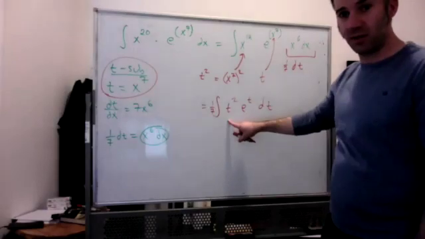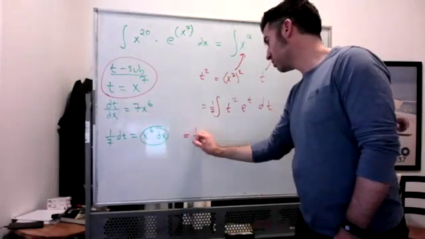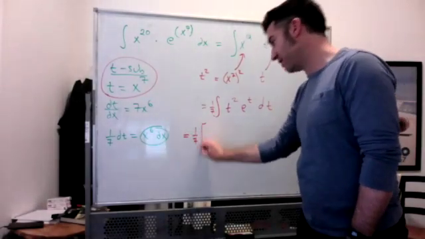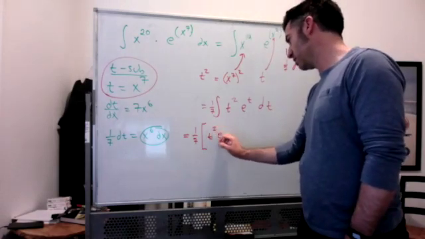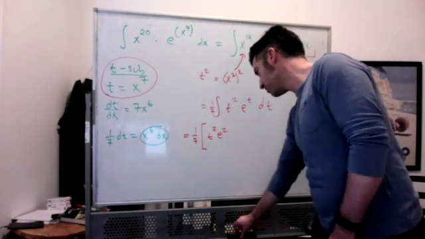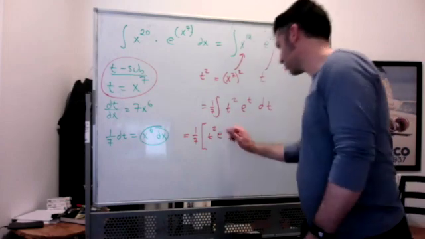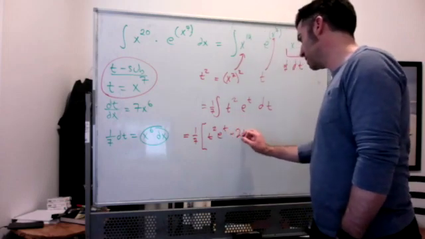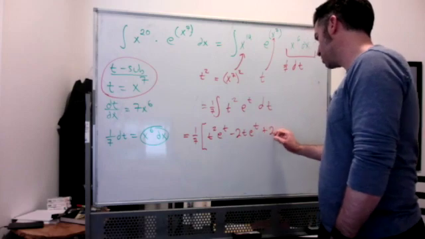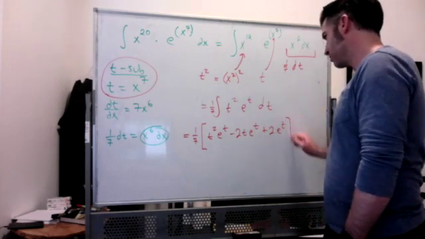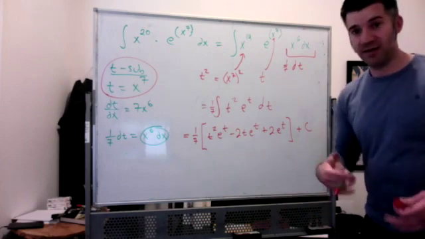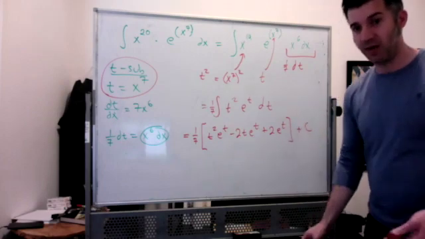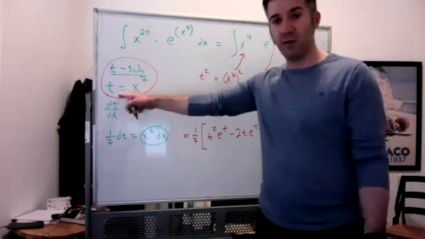So we just found this integral. So our actual answer is 1/7 times t squared e to the t minus 2t e to the t plus 2e to the t. And then to finish the problem, we have to go back and substitute in what t is actually equal to, right?